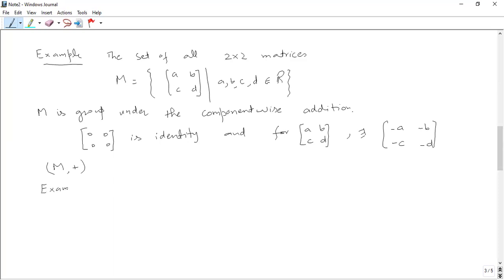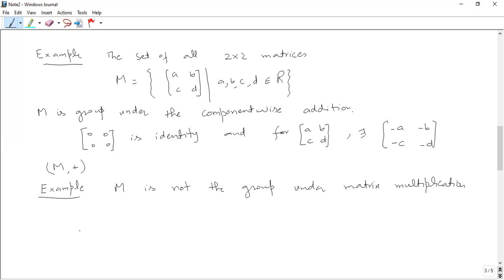This is also an abelian group because matrix addition is abelian, but matrix multiplication is not abelian in general. Okay, now we see a counterexample that this set M is not a group under matrix multiplication, although it is closed under matrix multiplication.